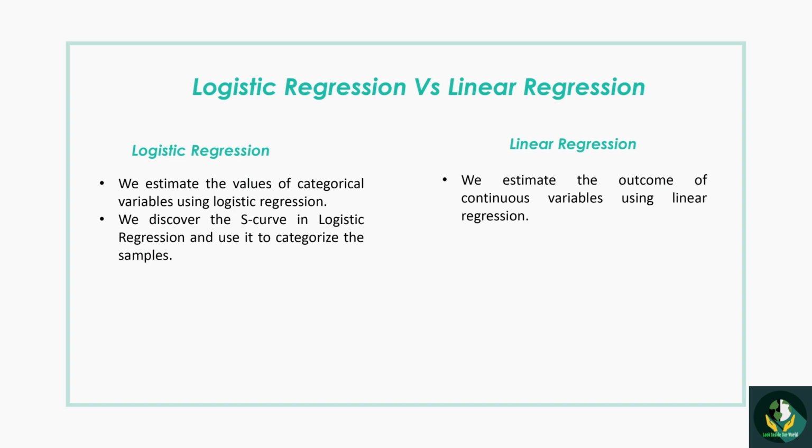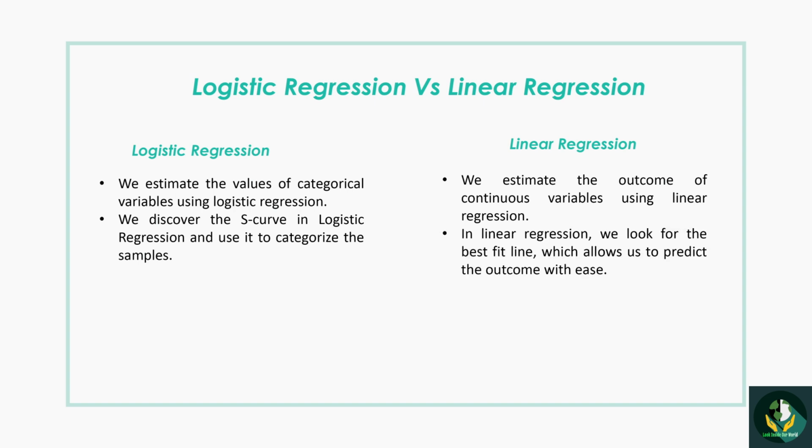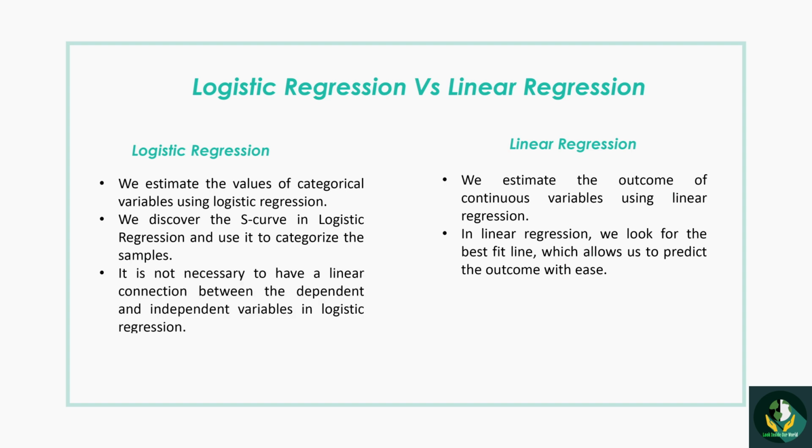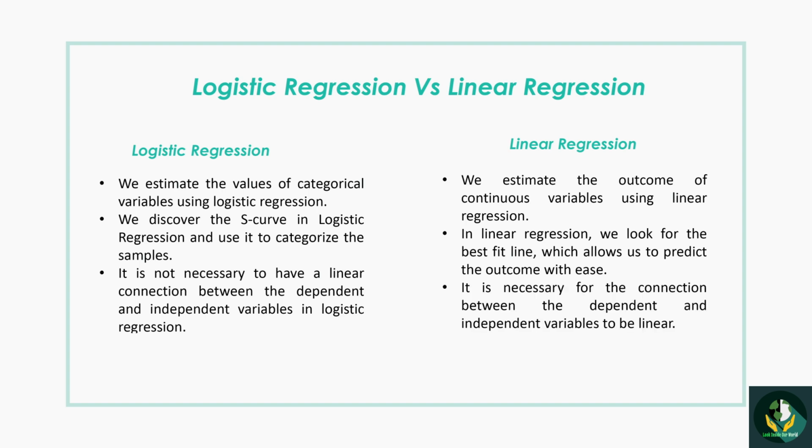We use the sigmoid function to find the S-curve. However, in linear regression, we look for the best fit line, which allows us to predict the outcome with ease. In logistic regression, it is not necessary to have a linear connection between the dependent and independent variables. But in linear regression, it is necessary that the connection between the dependent and independent variables is linear.